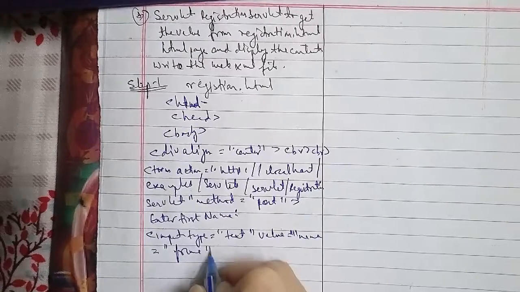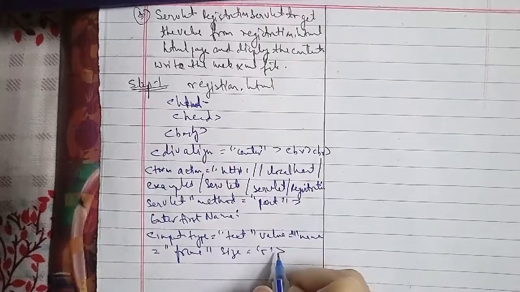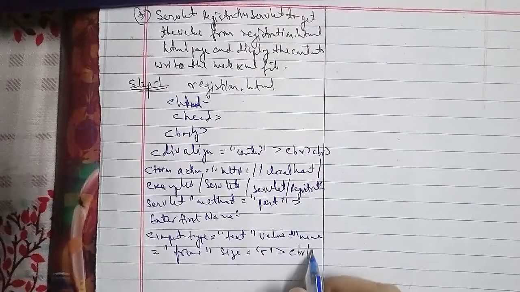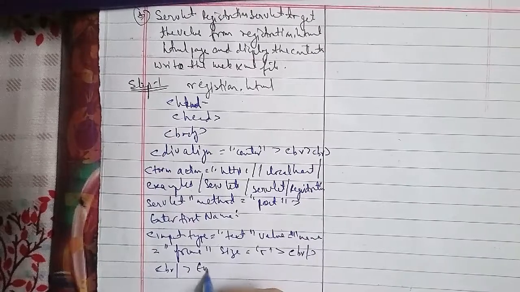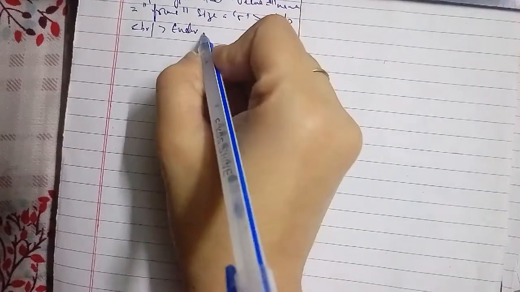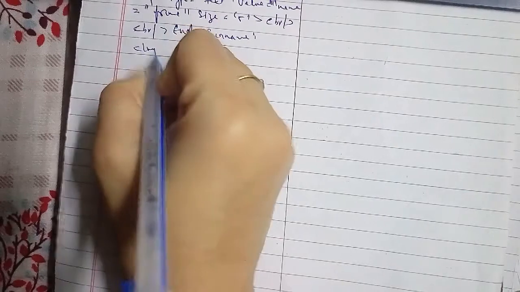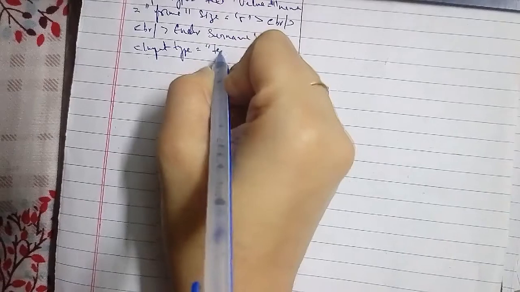And after that the BR tag, and we will be starting and entering the phone, that is your input type equals to text, value equals to, name equals to phone, size equals to 12. Now after that we'll close the BR tag.